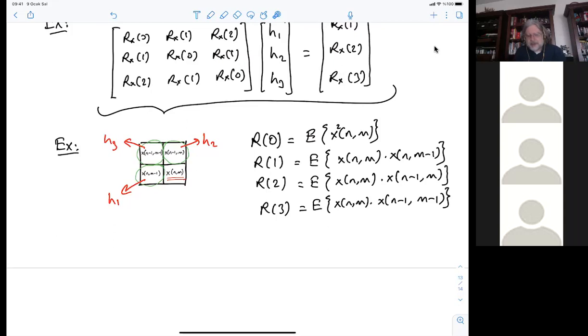That's how you will predict x of nm, by multiplying this pixel with H1, this pixel with H2, and this pixel with H3. So it's not one-dimensional, it's not going to the past, but it is just getting some distance away from the current pixel. You can use this pixel, this pixel, this pixel, this. It can be a larger predictive filter that you can use.